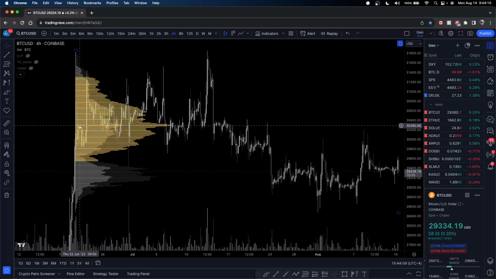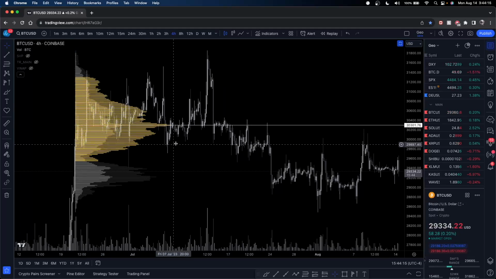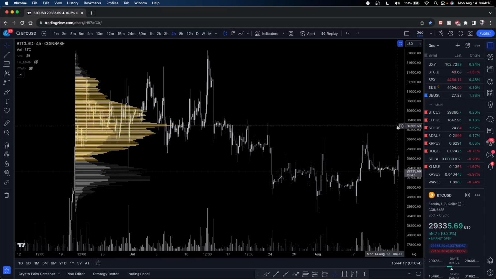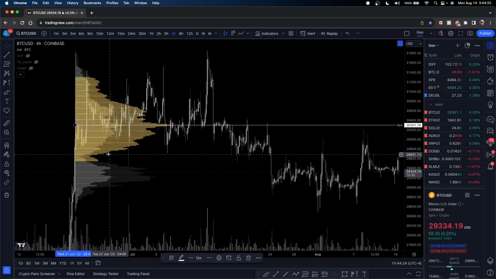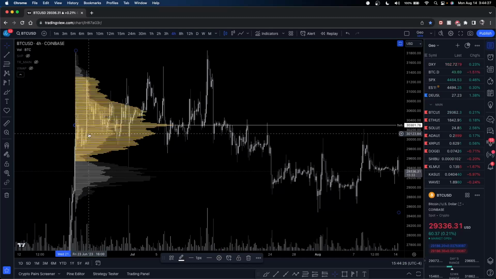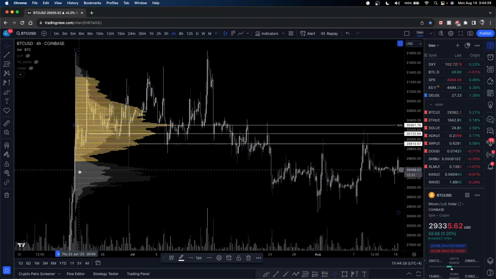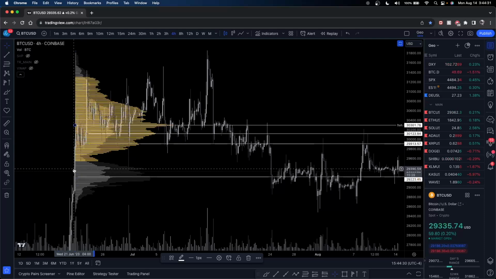When you're drawing your support and resistance for the day or the range, you could theoretically put a line there and label it if you want to. I don't do this, I do it by eye, but you need to know it at least. You could write high volume node. Here we have another high volume node, and here we have another, and so forth.